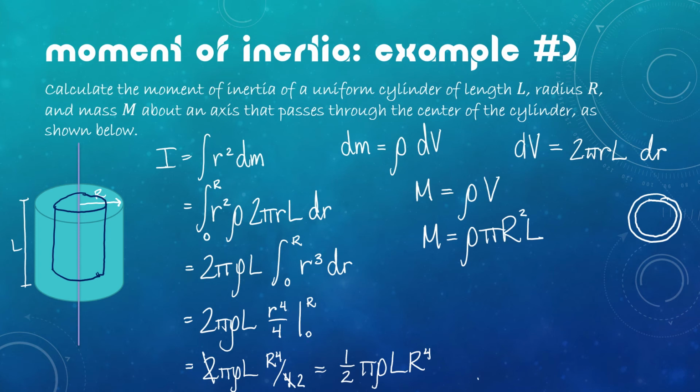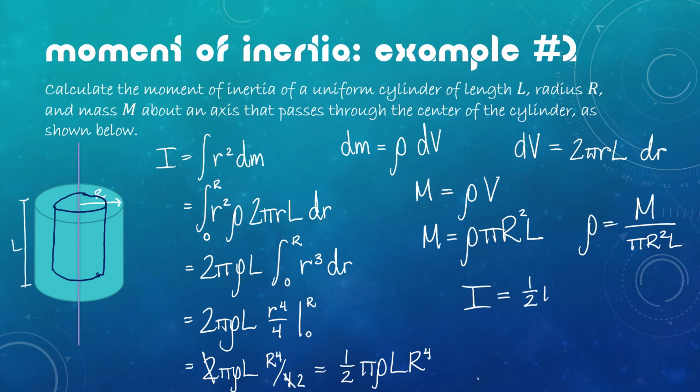So that means that if I solve this equation for rho, I get that rho is equal to mass divided by pi r squared L. So I'm going to plug that in for my expression for moment of inertia.